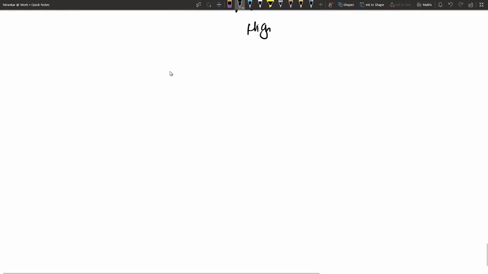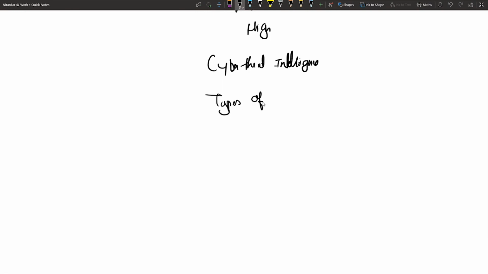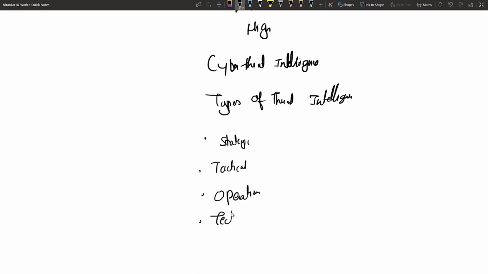So we have cyber threat intelligence. The types of threat intelligence are strategic, tactical, operational, and technical. Strategic is high-level information on changing risks, consumed by high-level executives and management.